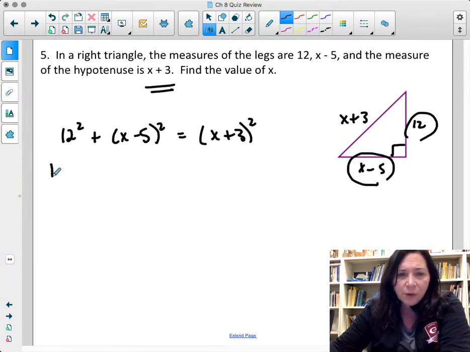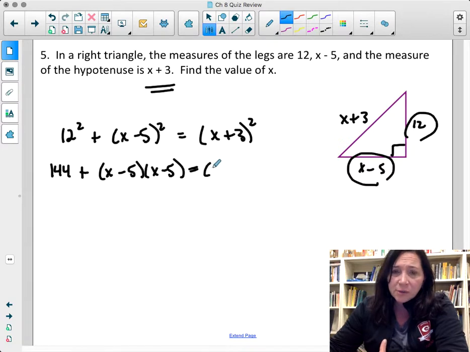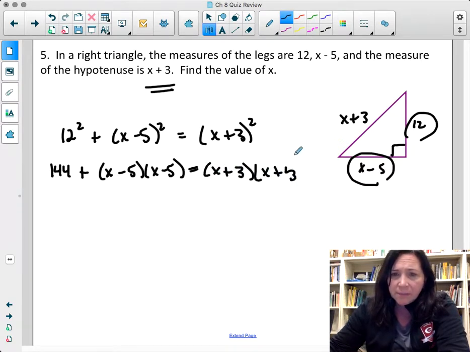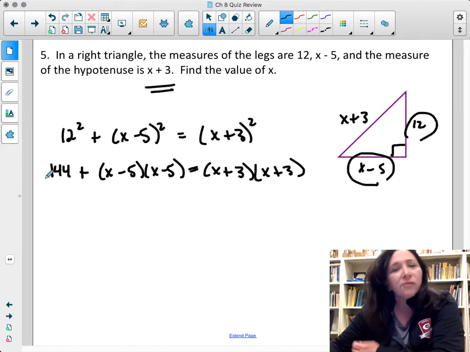We get 12 squared, which is 144, plus x minus 5 times x minus 5, is equal to, keep in mind it's the whole quantity squared, x plus 3 times x plus 3. So what we're going to do is multiply this out.